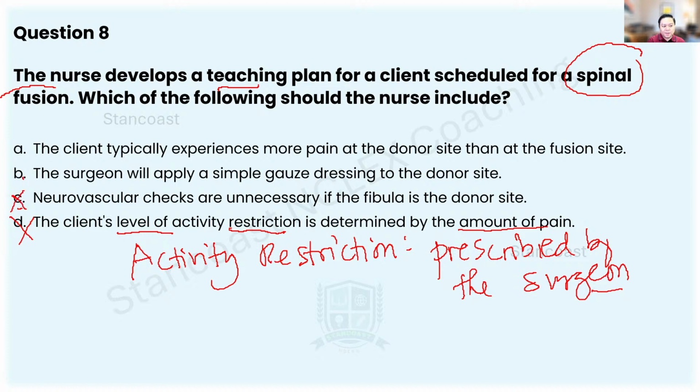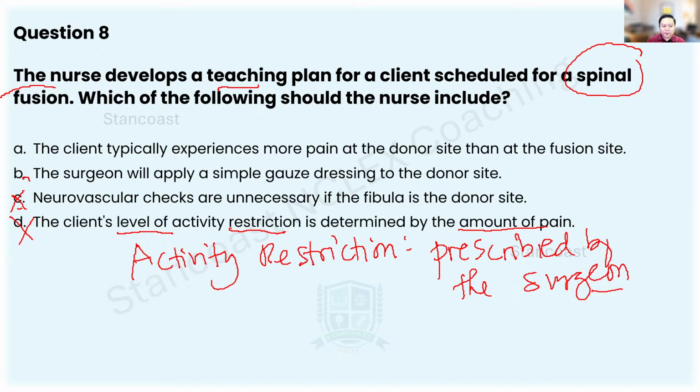What about letter B? The surgeon will apply a simple gauze dressing to the donor site, which is basically the area where they are harvesting the bone. What do you think about that?